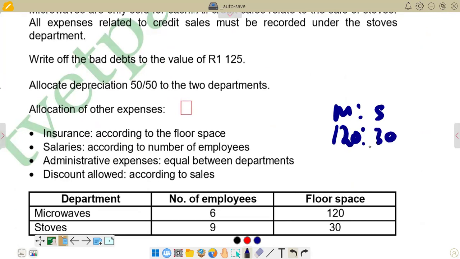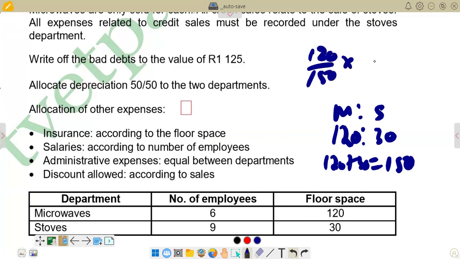If you add the two, 120 plus 30, you are going to get 150. So for microwaves, we're going to say 120 over 150, multiplied by the figure that we have for insurance, which is 12,600.